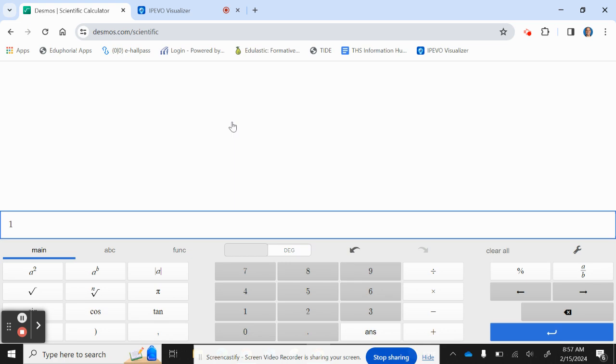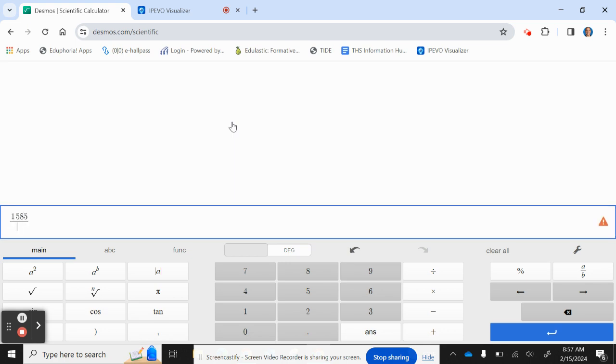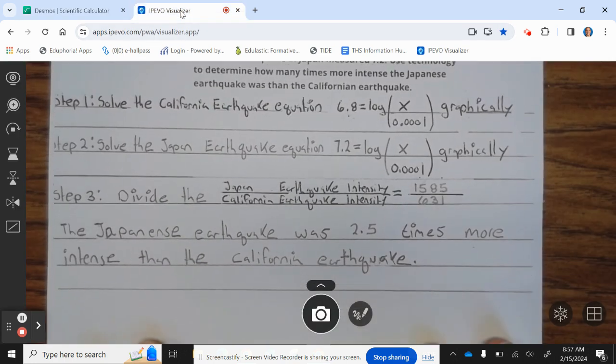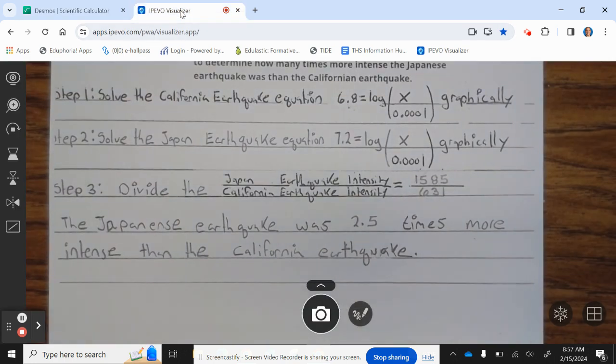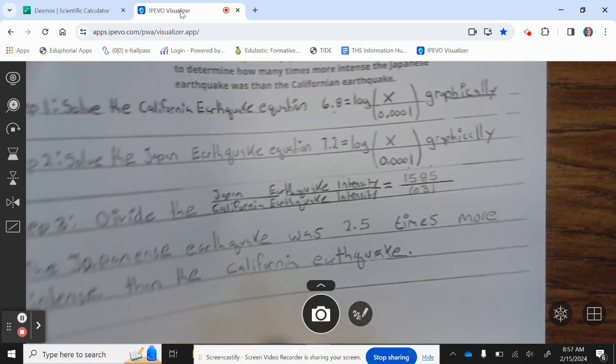So 1585 divided by 631 is, let's go and round that to be 2.5. The Japanese earthquake was 2.5 times more intense than the California earthquake. All right, go ahead and finish that up. Let's take a look at the next page.